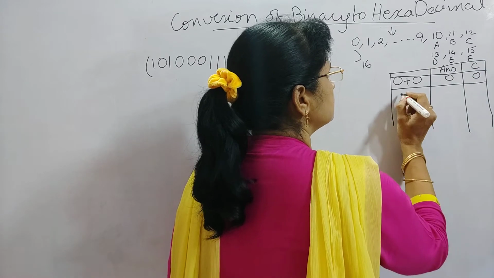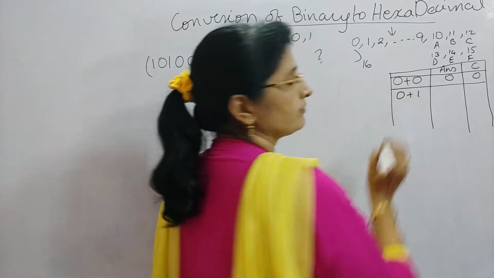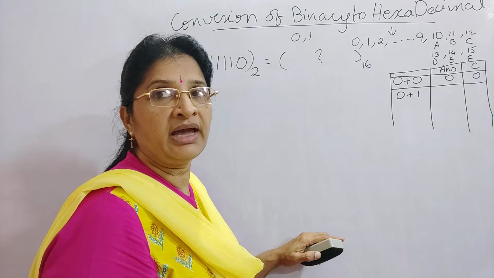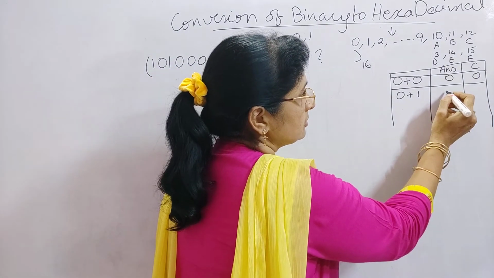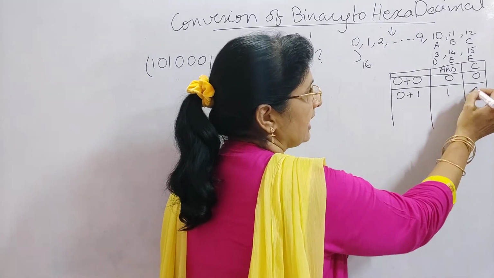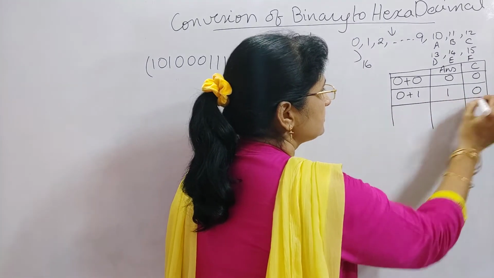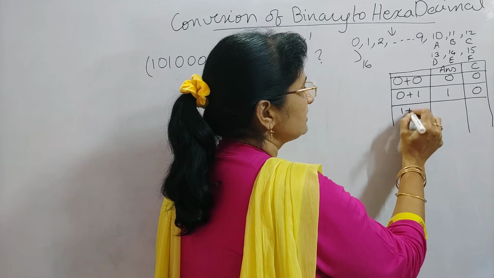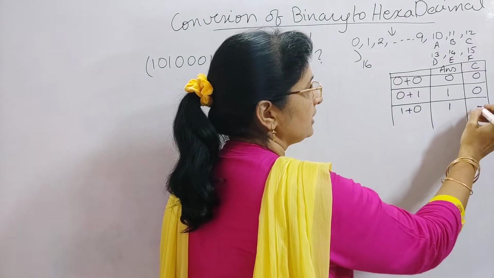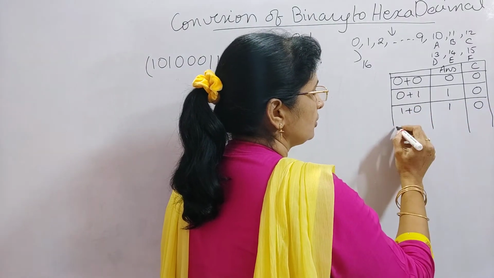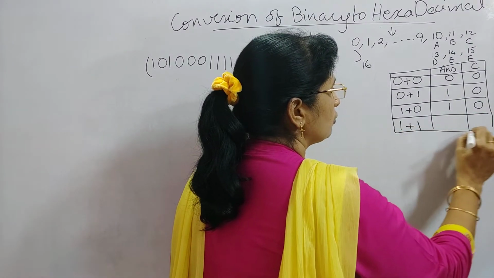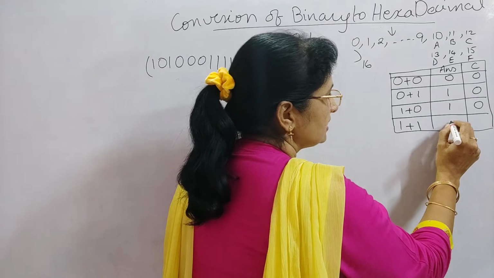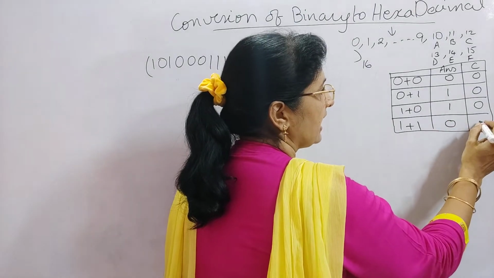Next is 0 plus 1. If you add binary 0 and 1, the answer is 1 and the carry is 0. Next, if you add 1 plus 0, the answer is 1 and the carry is 0. The final one is 1 plus 1. If you add 1 plus 1, then the answer is 0 and the carry is 1.